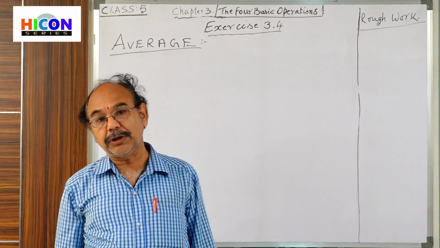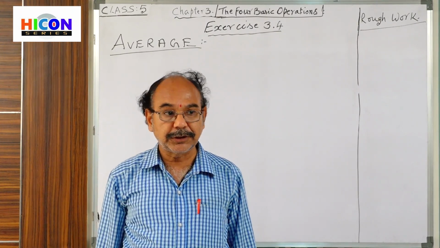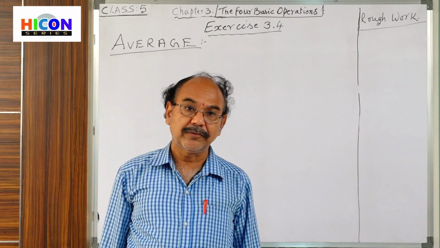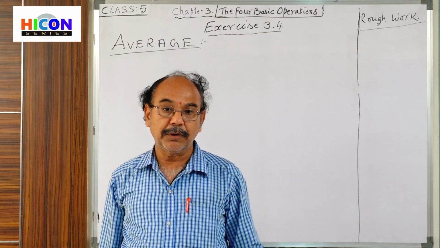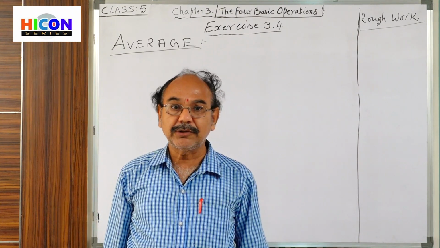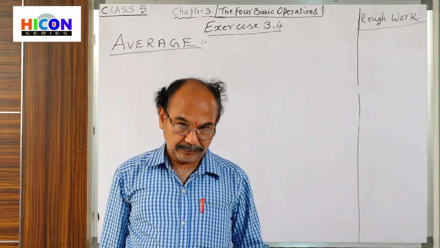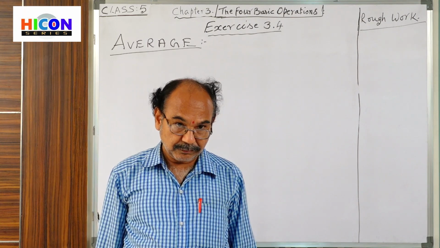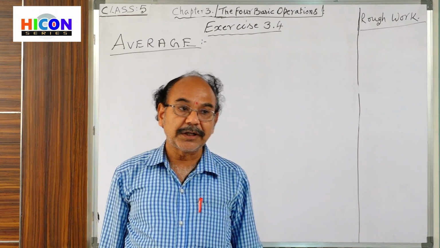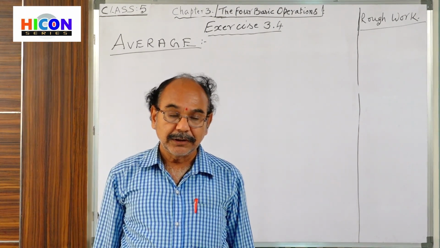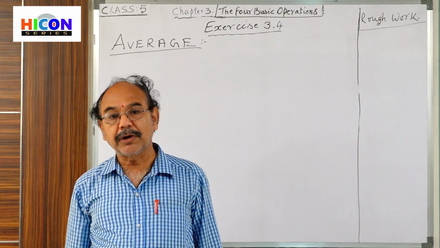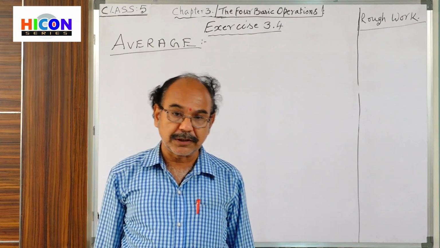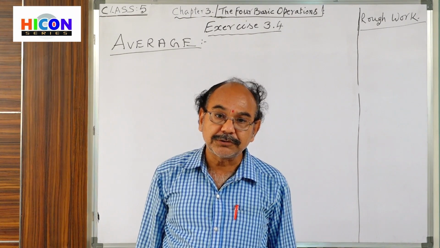Find the 3 students' total mark. Add the 3 students' total mark, and you divide the total by 3. Then after division you get the average mark of each student.